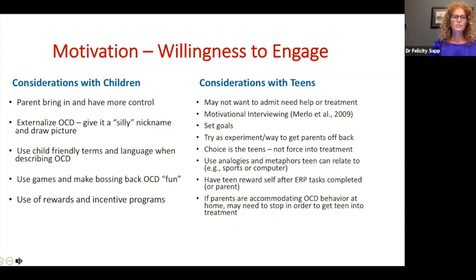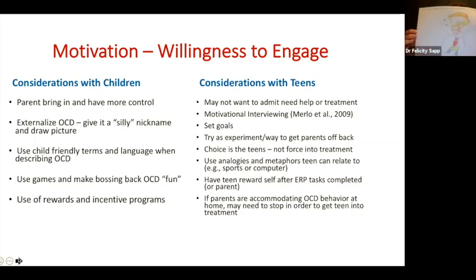With respect to children, parents are bringing them in, so they have more control. Like I said earlier, we want to engage them by making it fun. One of the things we want to do is give OCD a silly nickname and maybe draw a picture. Here are some quick pictures I can show you.